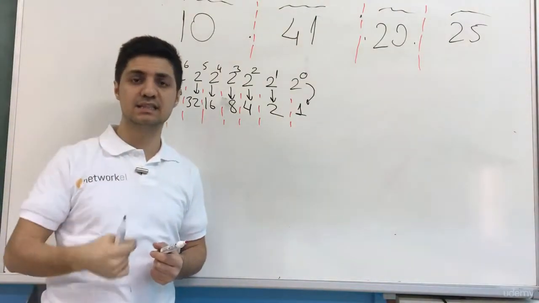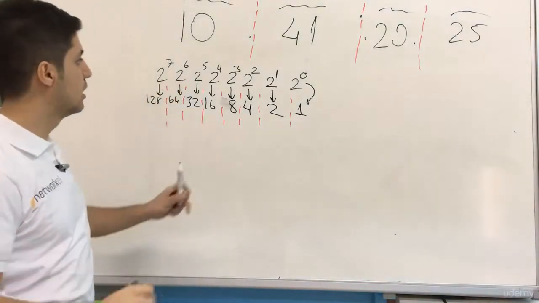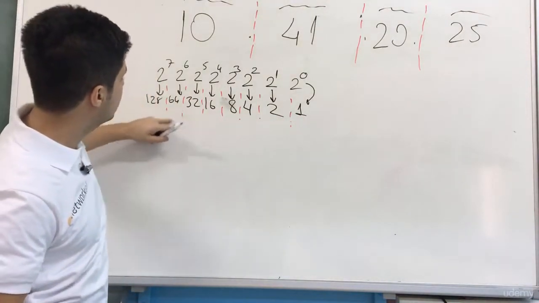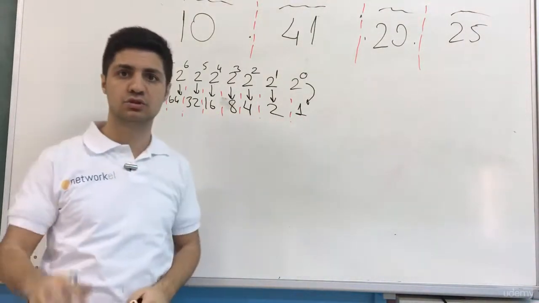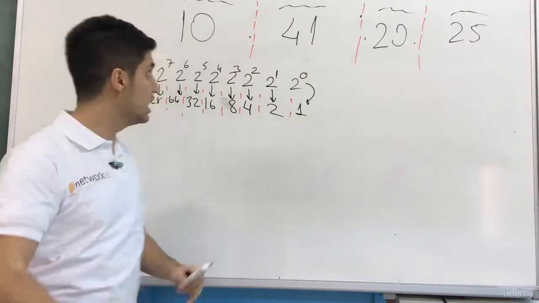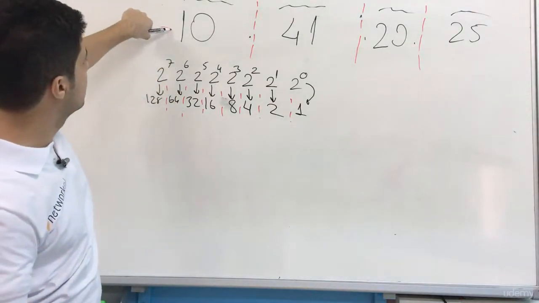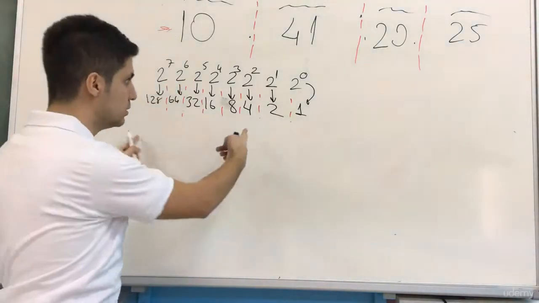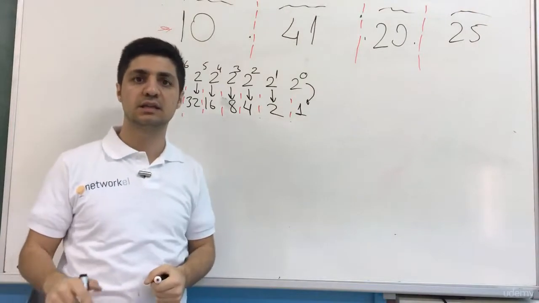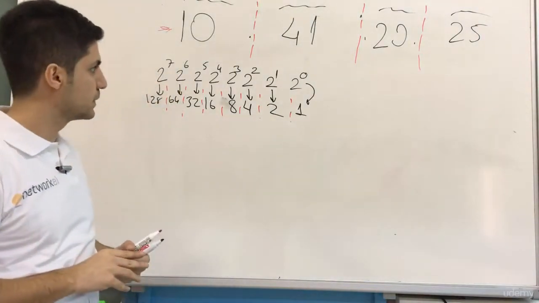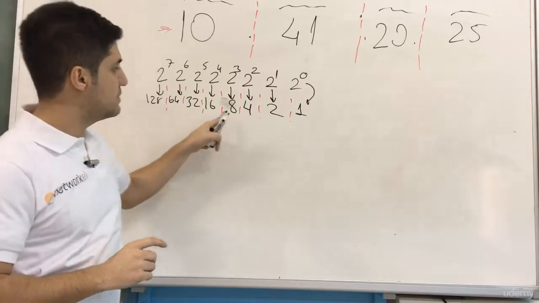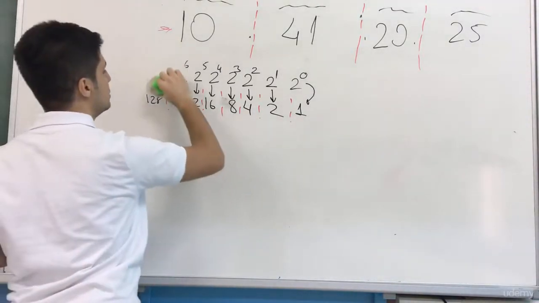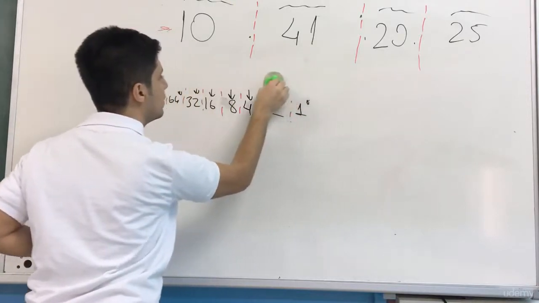Okay, let's do a calculation now. As you remember, I said I'm going to use just 0 and 1, and I need to get these numbers. I need to get 10 first. Let's look at how I can get the 10 from here. I'm going to use these numbers. Let me clean here. You know how to calculate this by now.